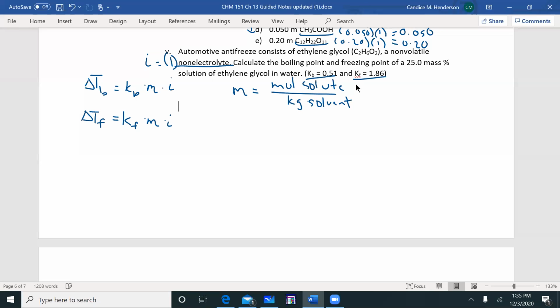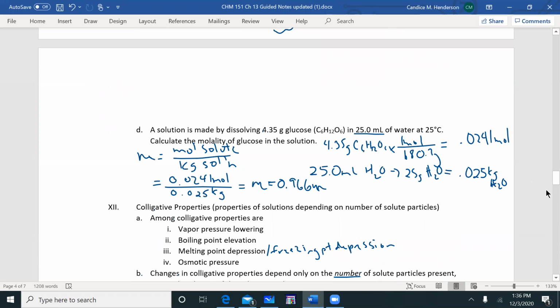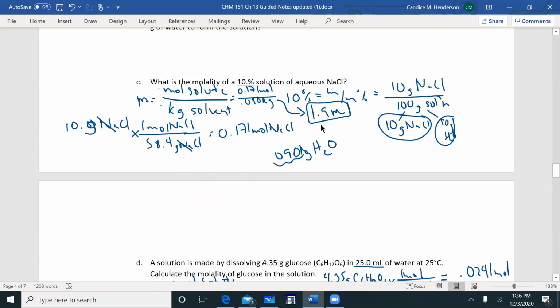Do I have either of those? Not really. What I have is this thing here. I know that I have a 25 mass percent. So this problem is going to be very similar to what we did with that very initial problem where we had the 10%.